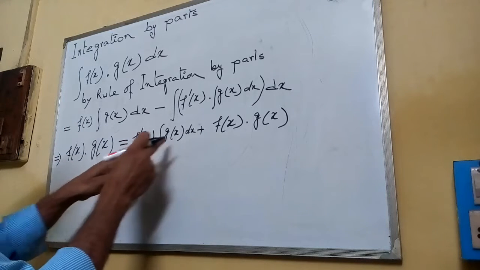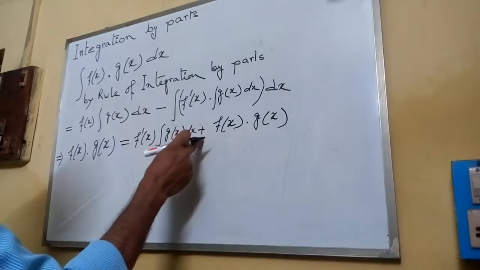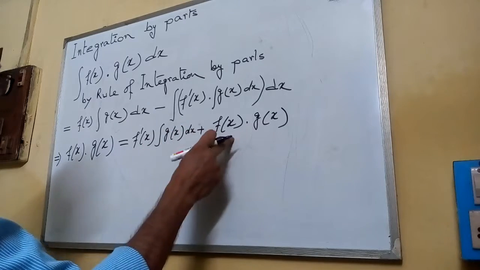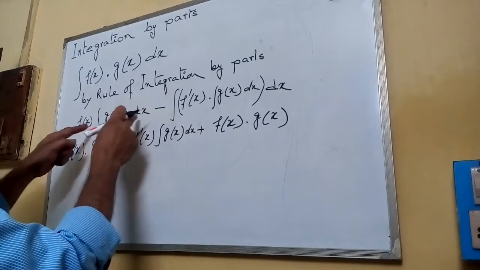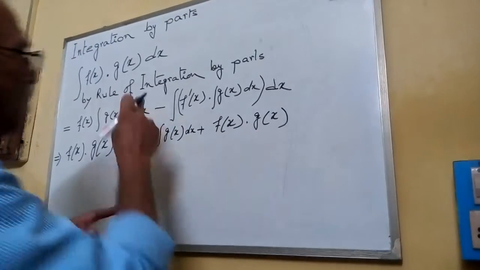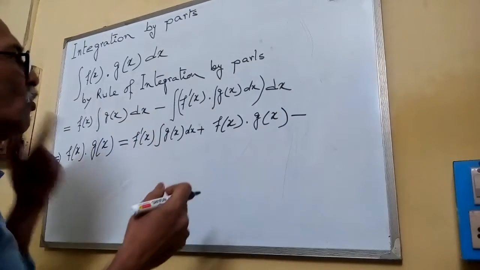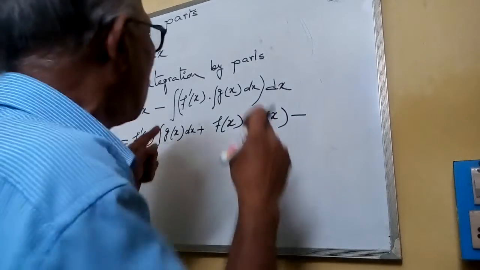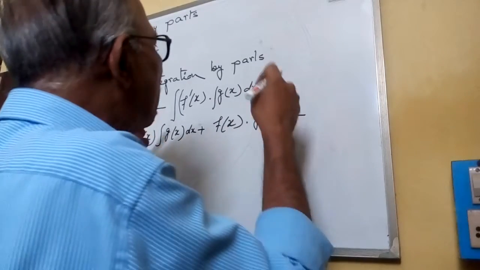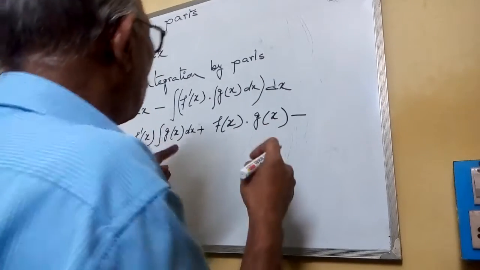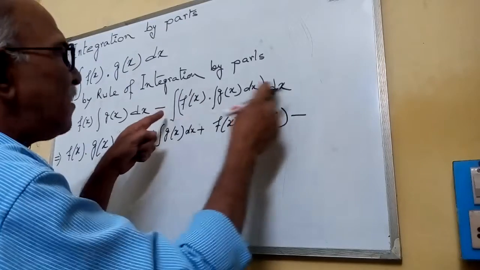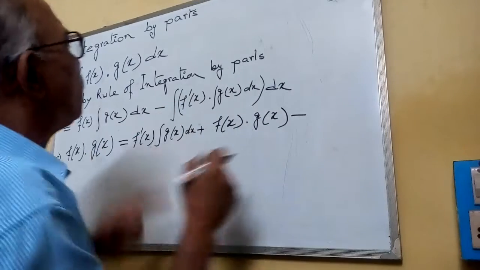The derivative of the first function into the second function plus the first function into the derivative of the integral, dx is dx, minus this side. See, according to the definition of integration, the derivative of integration is the function itself. That means in its derivative, we can remove this integral.